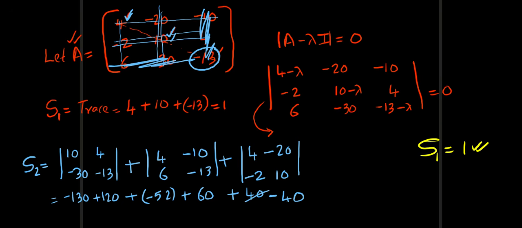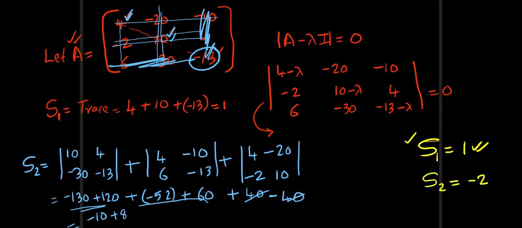Okay, so that's gone. Now this will be minus 10, and this is going to give me plus 8. So I'm going to write here S2 is equal to minus 2. So that's very easy.